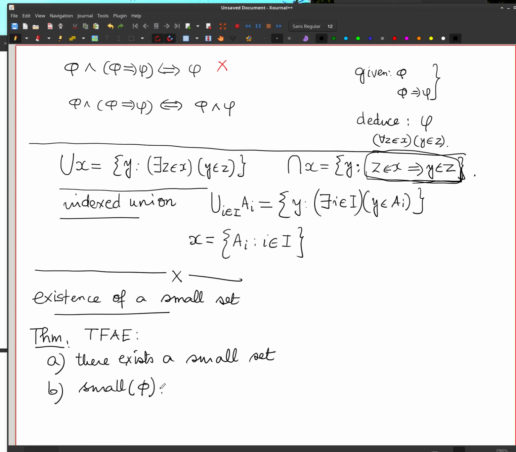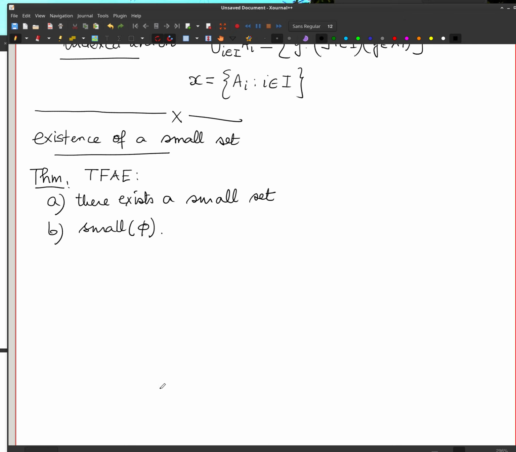Why? Well, the proof is very simple. Obviously, B implies A is trivial. We have already assumed that the empty set is a small set, so you know there exists a small set.